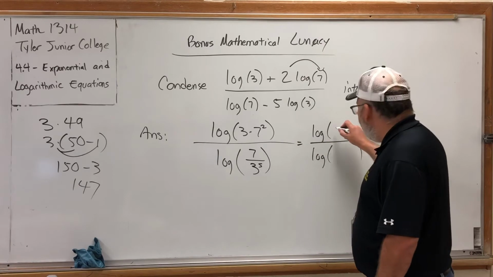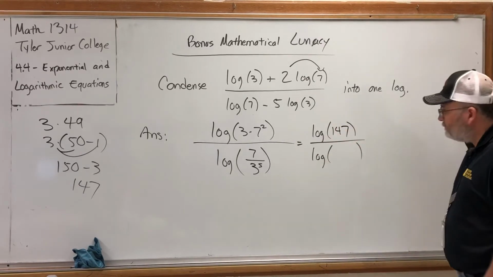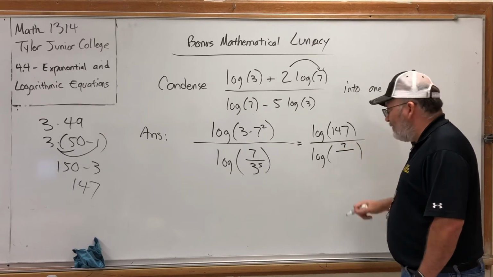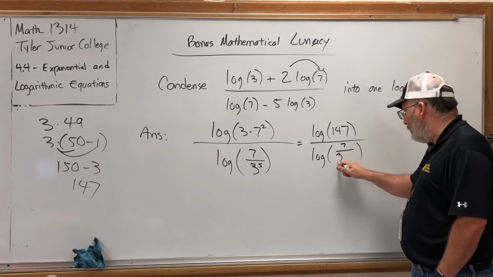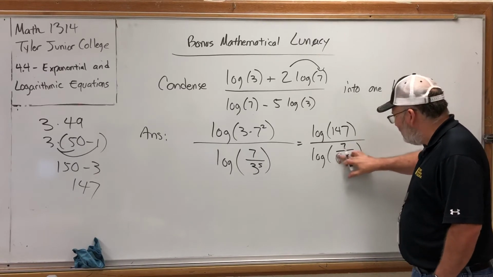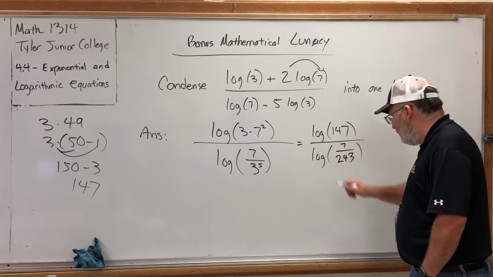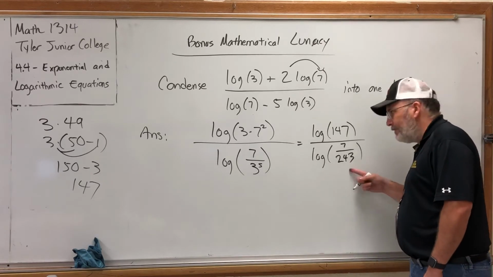When you do more math, you start picking up on things like that, and your brain just gets better and better at it. Over here we have 7 over 3 to the 5th. I just happen to know that 3 to the 5th is 243. That's not right. 343. That's not right either. 243. I know 3 to the 4th is 81, and 81 times 3 is not that hard to do.